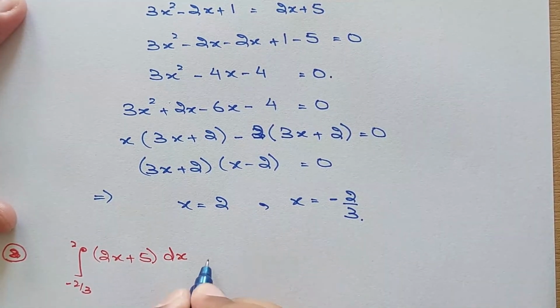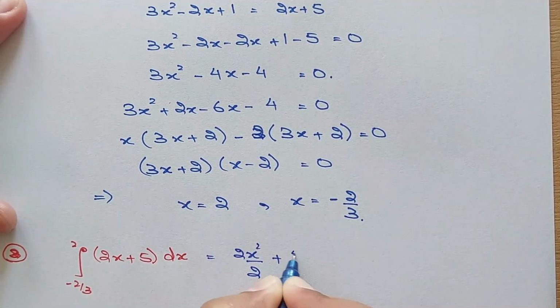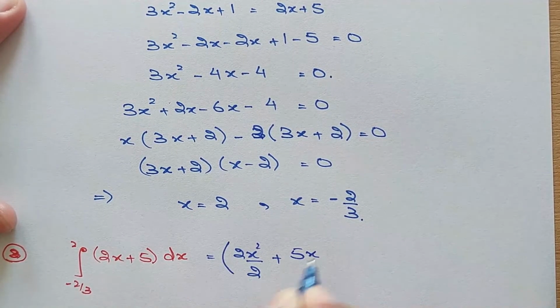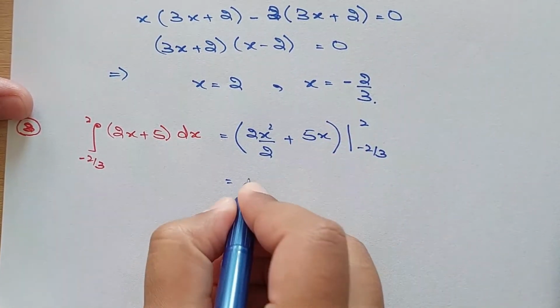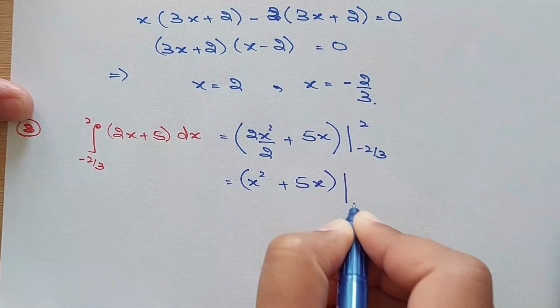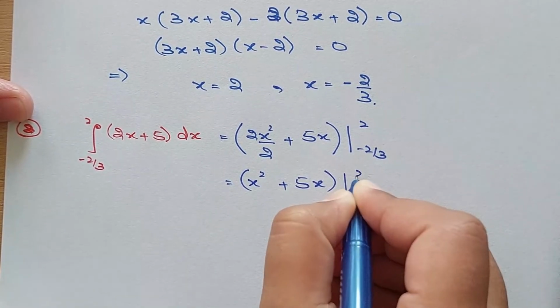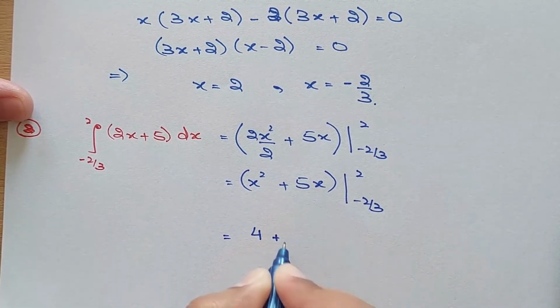So we have 2x square by 2 plus 5x and integration minus 2 by 3 to 2. So we have x square here plus 5x. Let me put the limits. So first 2 square is 4 plus 5 times 2 is 10.